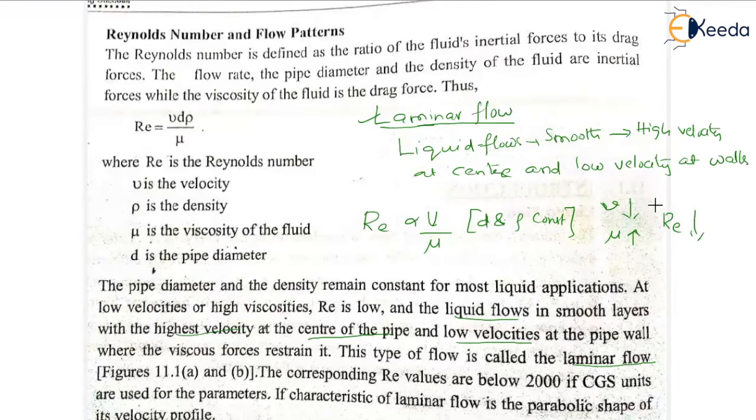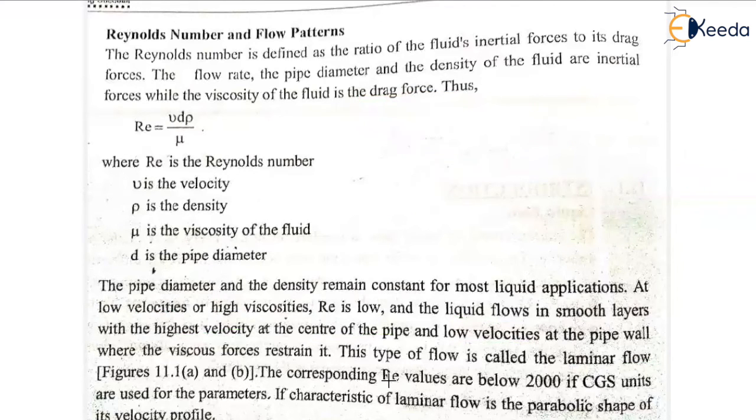As a result of that, liquid will flow smoothly with high velocities at the center and low velocities at the walls, and such type of flow is called a laminar flow. Hope you got it. Now, the corresponding Re values are 2000 in the CGS system used in the applications and are used for the various parameters.